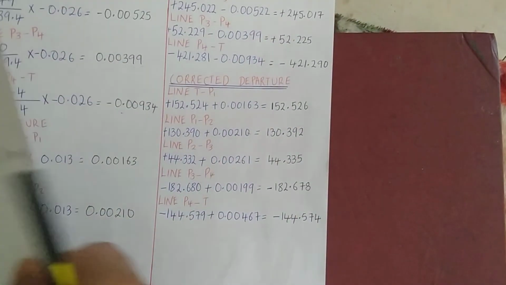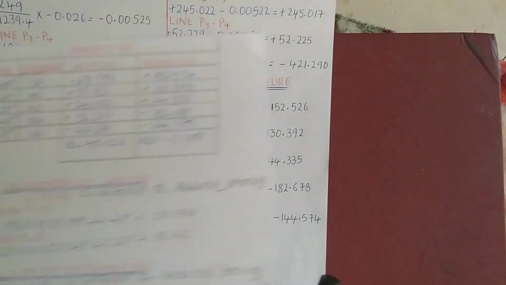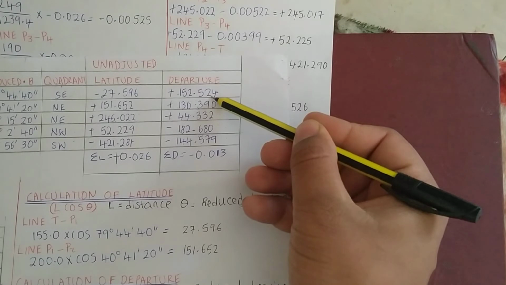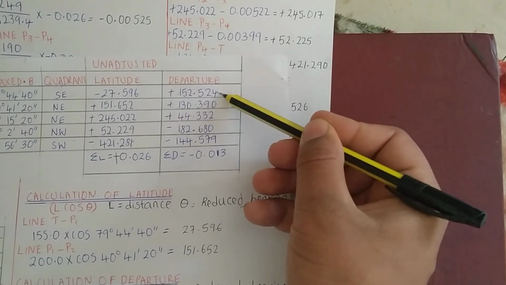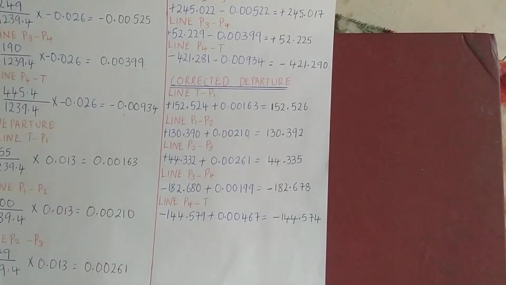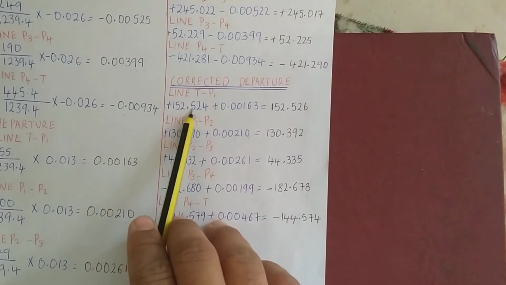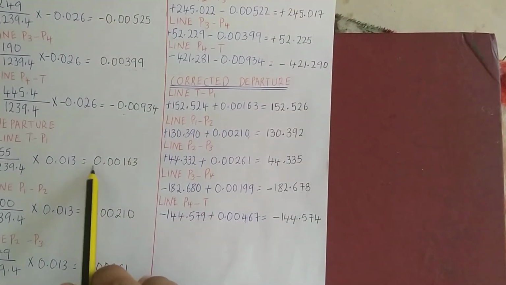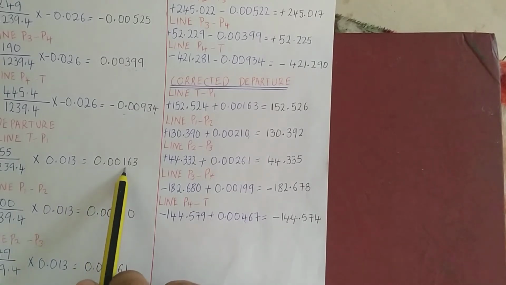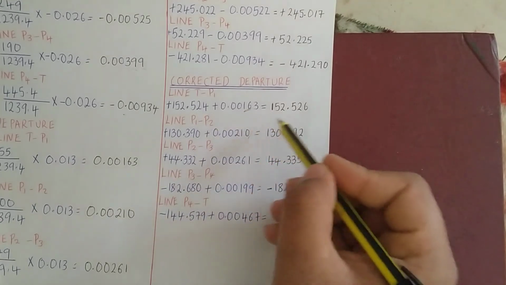So we had a departure of line TP1 as positive 152.524. I've taken it here and then I have added, because the correction was positive 0.00163. You can see it over here.